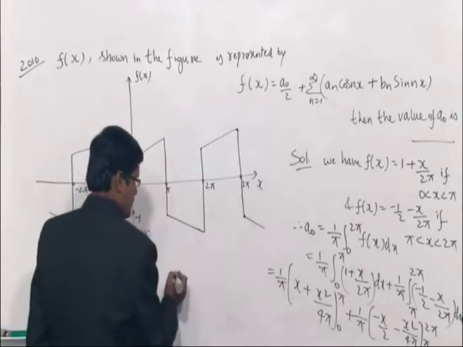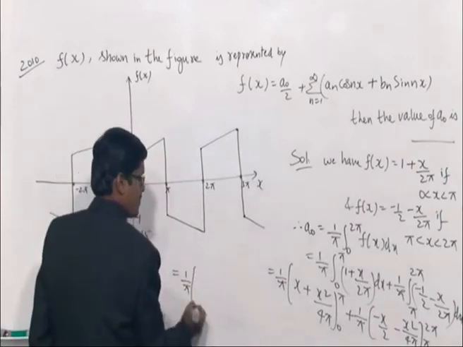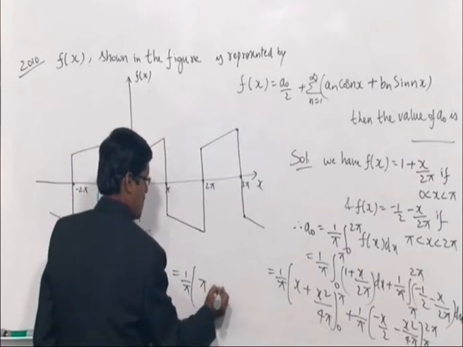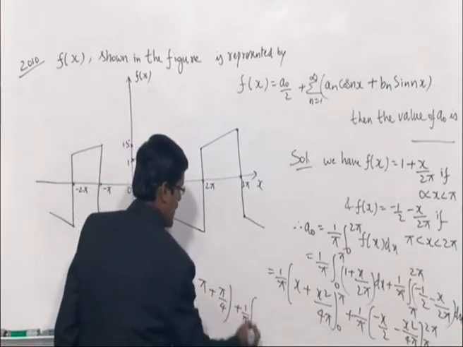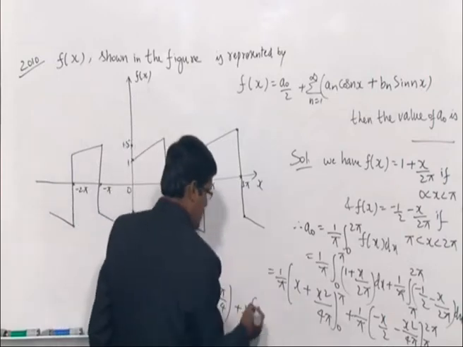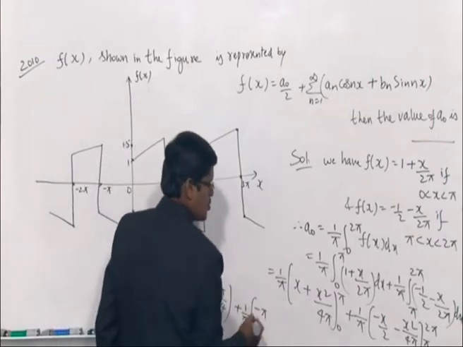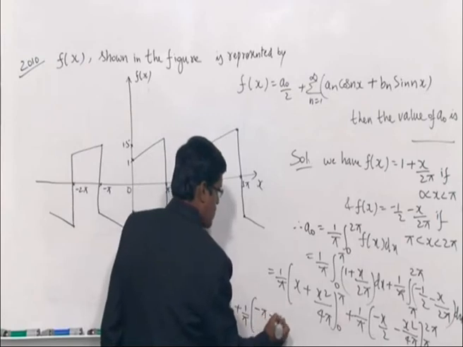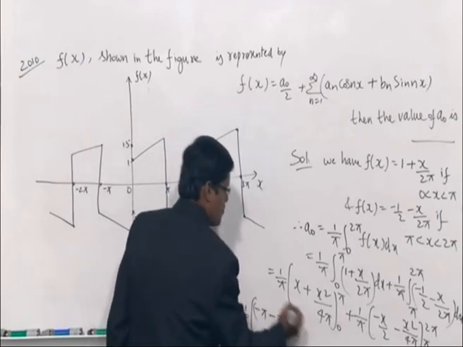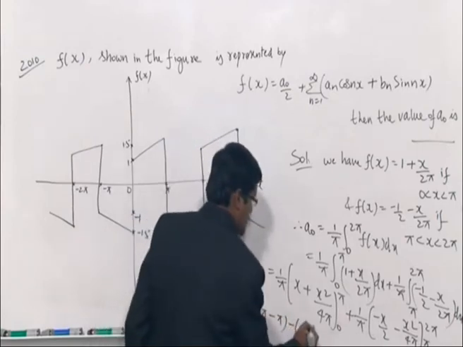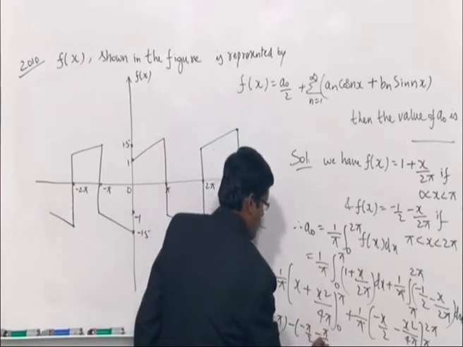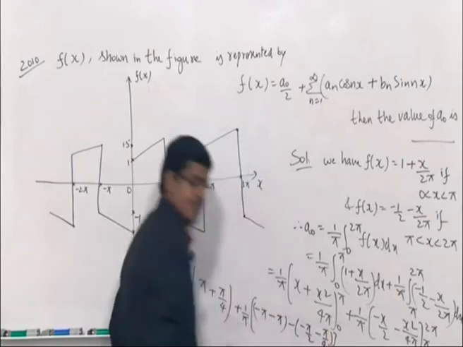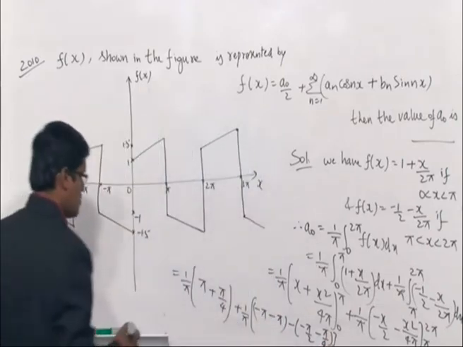So this simplifies to 1 over pi, pi plus pi by 4, the lower limit simplifies to 0, plus 1 over pi times, first substitute the 2 pi upper limit, minus pi and 2 pi square by 4 pi, this minus pi, the lower limit is first put minus and then pi, minus pi by 2 minus pi by 4. So finally it simplifies to 0.